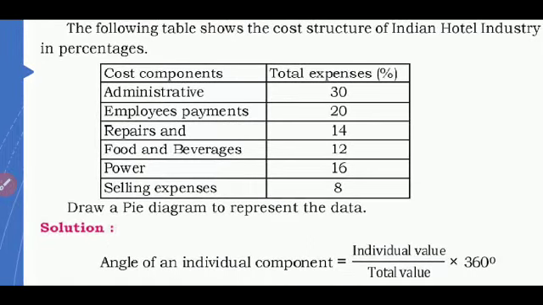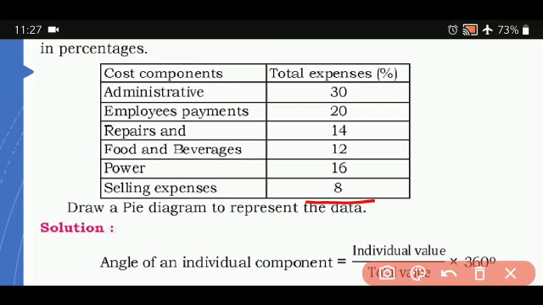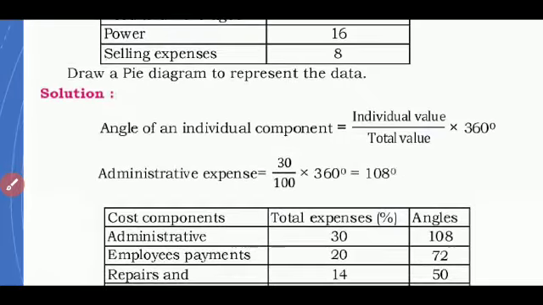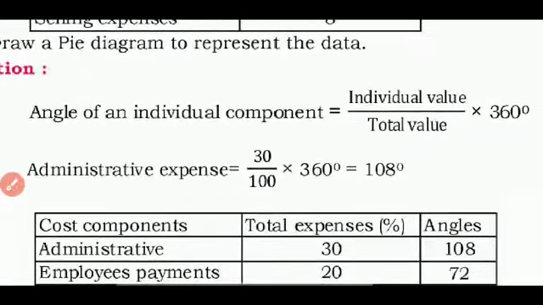The first step, what you are going to do here, is make the total of this. Once you make the total, you will be using this particular formula: angle of an individual component is equal to individual value divided by the total value into 360 degrees.